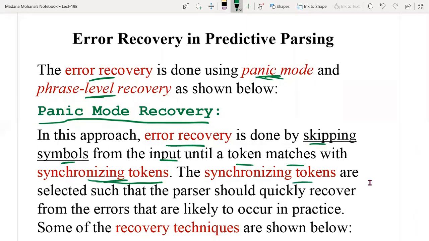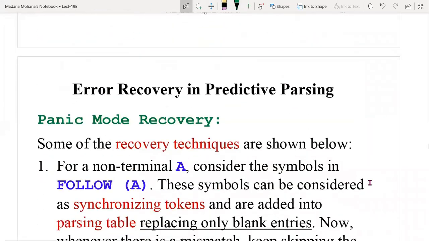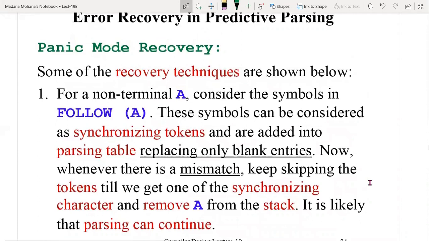The synchronizing tokens are selected such that the parser can quickly recover from errors that are likely to occur in practice. Some of the recovery techniques used in panic mode recovery are shown below. The first one: for a non-terminal A on top of the stack, consider the symbols in follow of A. These symbols can be considered synchronizing tokens and are added into the parsing table, replacing only blank entries.